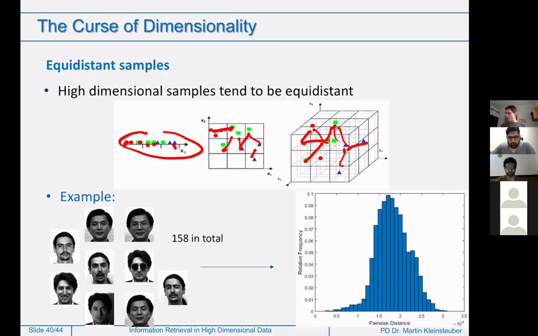We see that most of the pairwise distances are concentrated around 20,000, whatever that means. So there is no information, because most of the time the pairwise distances tend to be the same.